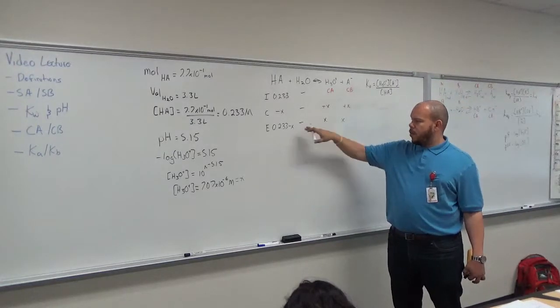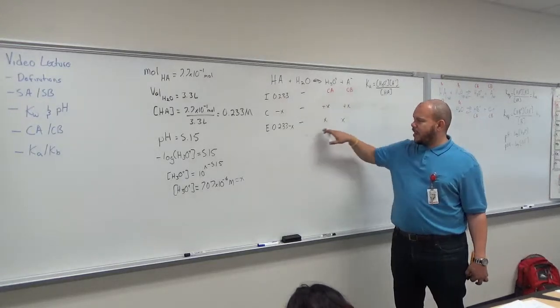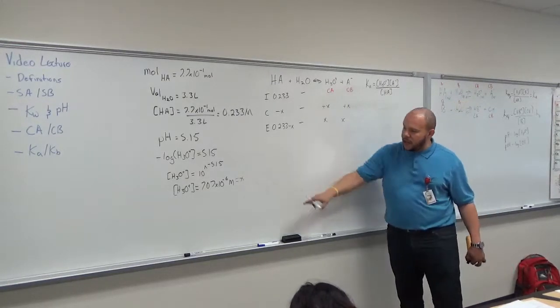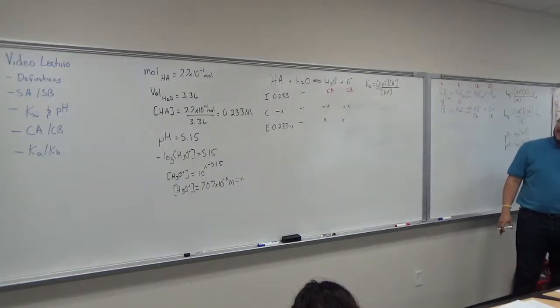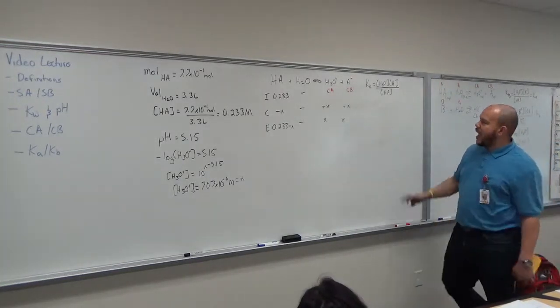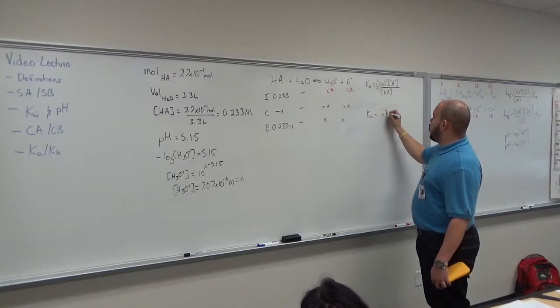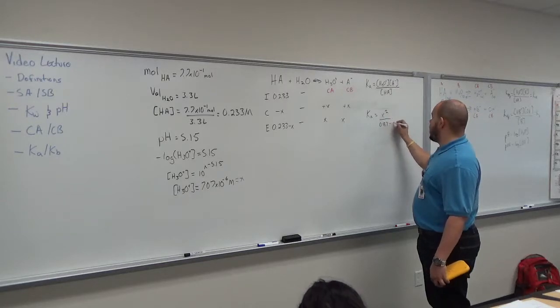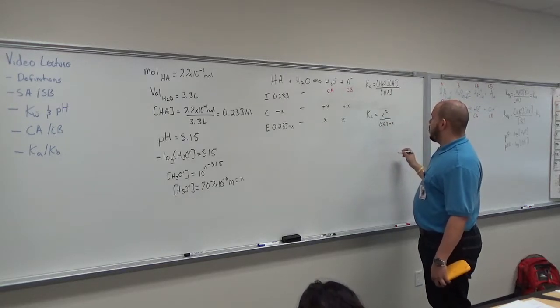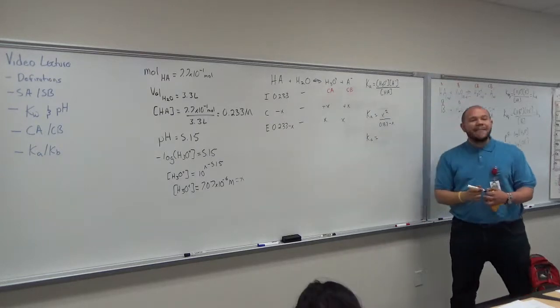Okay, here we're dealing with x, x, x, and if we look at x in this case, Ka is equal to x squared over 0.233 minus x. And if we solve this appropriately, you don't have to drop x.